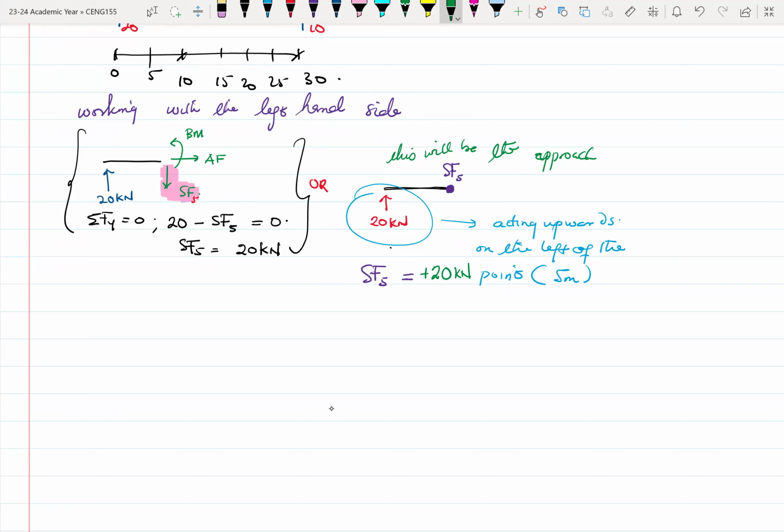But this approach is used because it helps us to develop equations to determine some of these internal behaviors, all right? In the beginning stage, we can use the one on the left as an example for basic calculations, but going forward, it becomes a bit more tedious to do that.